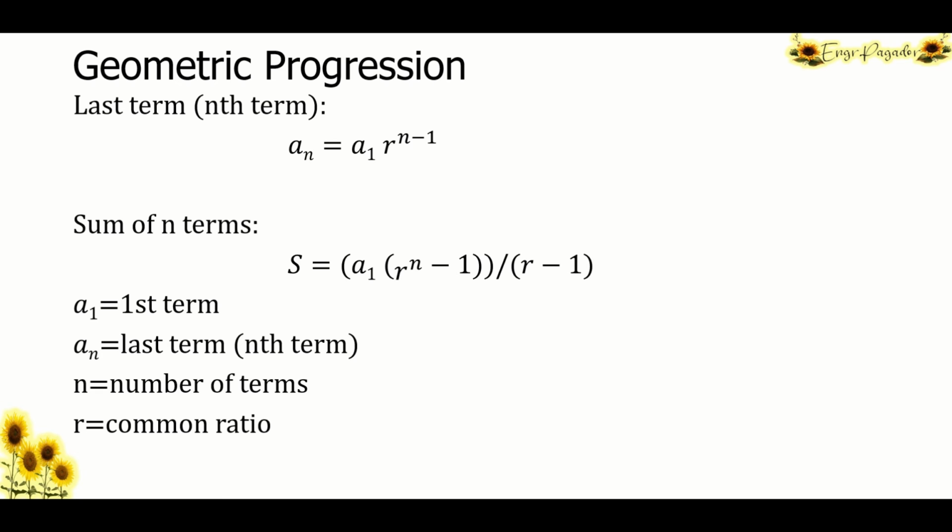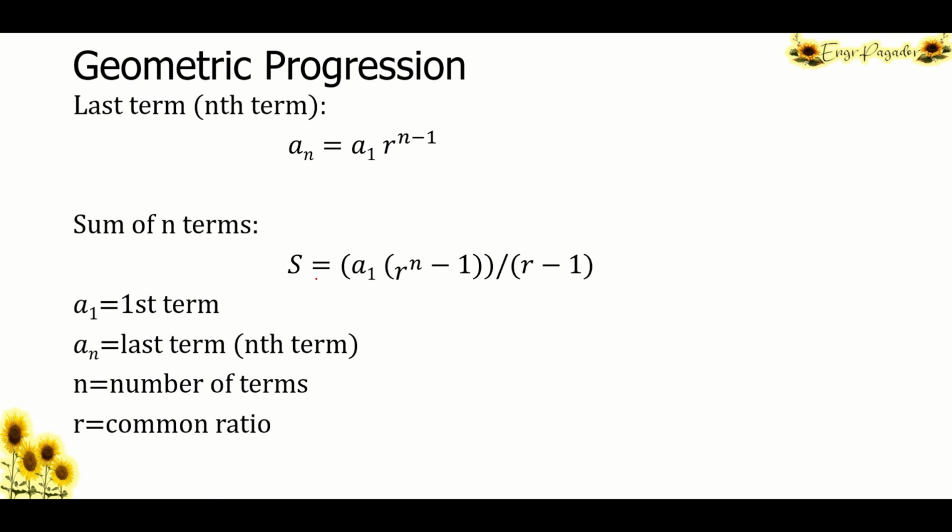Now let's talk about geometric progression. So let us define what is geometric progression. It is a sequence such that the quotient of any two consecutive terms is the same constant. So kanina is the difference, ngayon naman is the quotient. So we have this formula for the last term of a geometric progression. The nth term, we have a sub n is equal to a sub 1 times r raised to n minus 1.